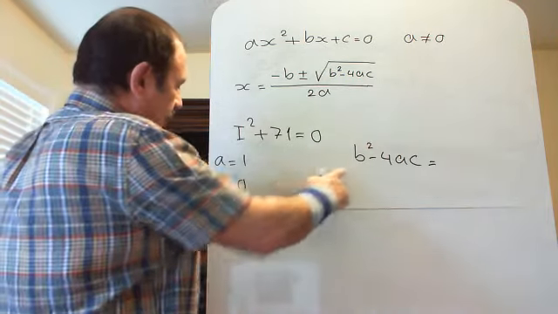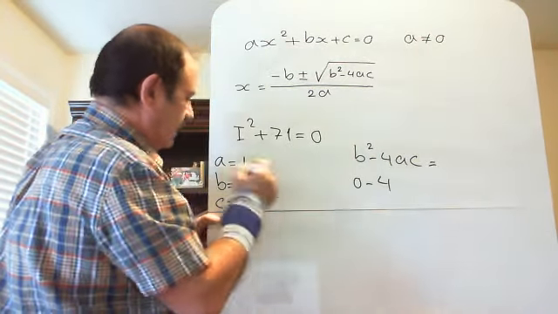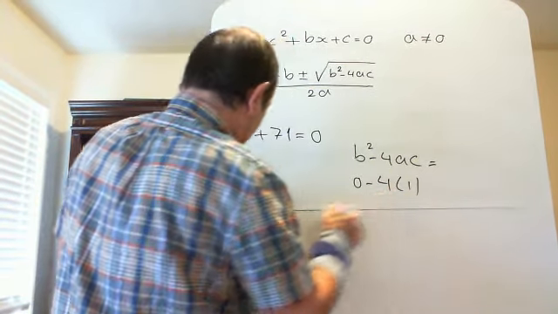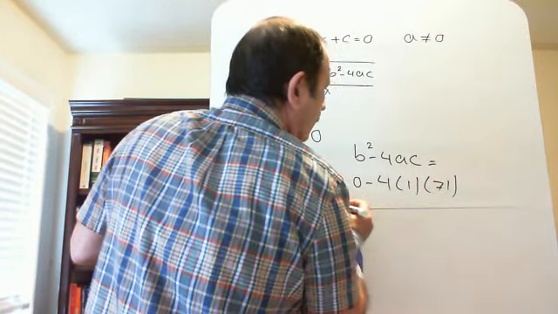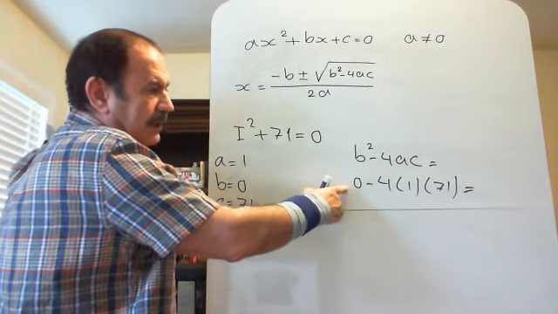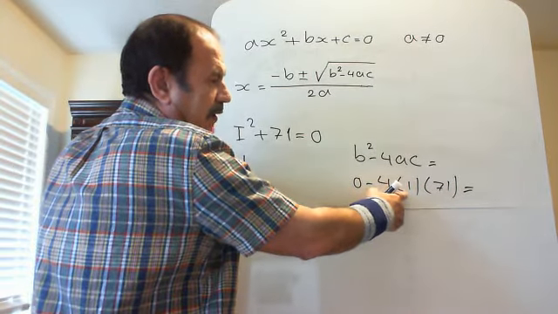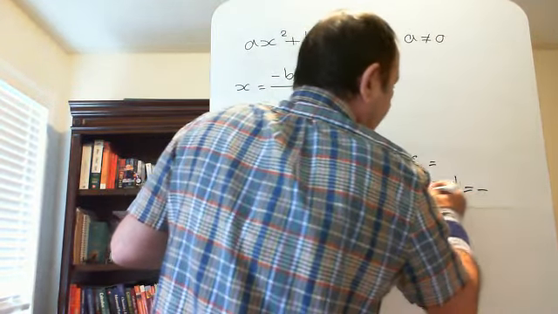So b is 0, so 0 minus 4, a is 1 and c is 71. Right? When we simplify this one, this part is 0 and 4 times 1 is 4 times 71, but the sign is negative.